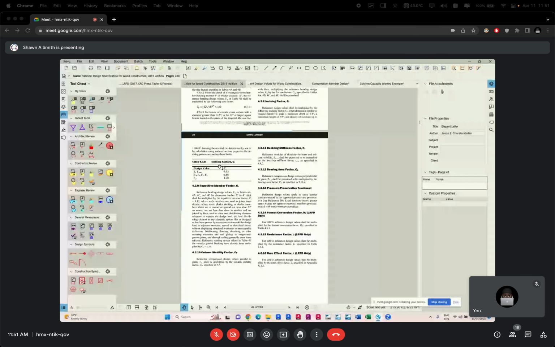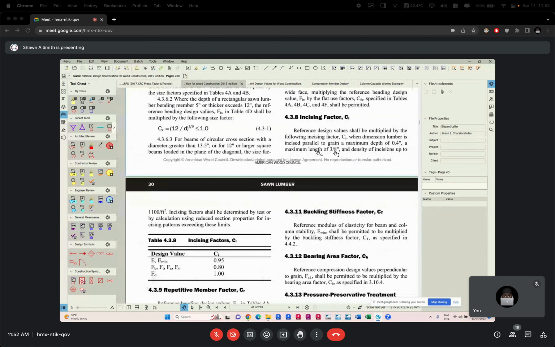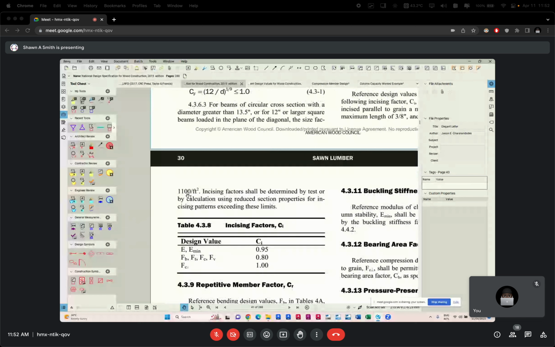Let's see what it says about incision. It says reference values shall be multiplied by the following incision factor CI, when the dimension lumber is incised parallel to the grain, to a depth of 0.4 inches, a maximum length of 3/8 inches, and a density of incisions up to 1100 per square foot. Incision factor shall be determined by test or by calculation.